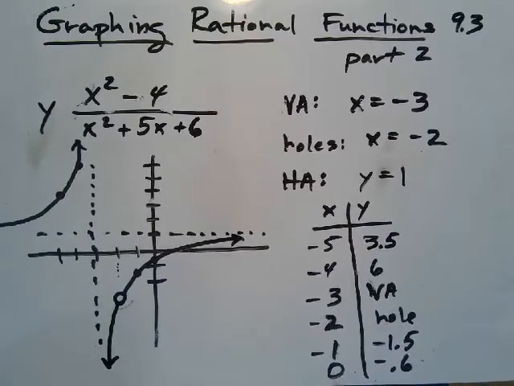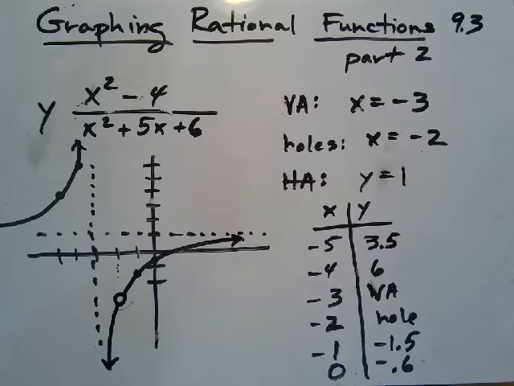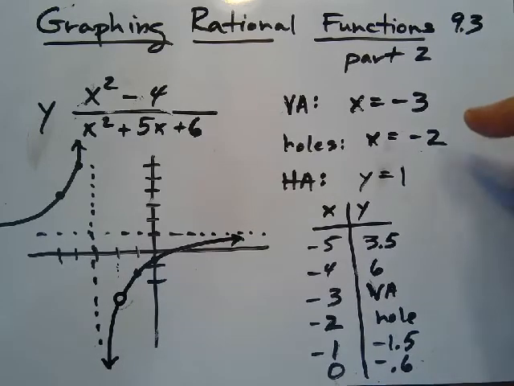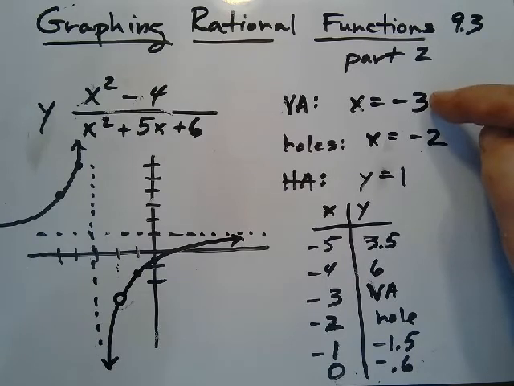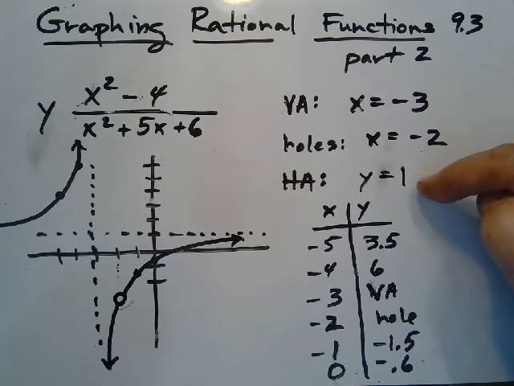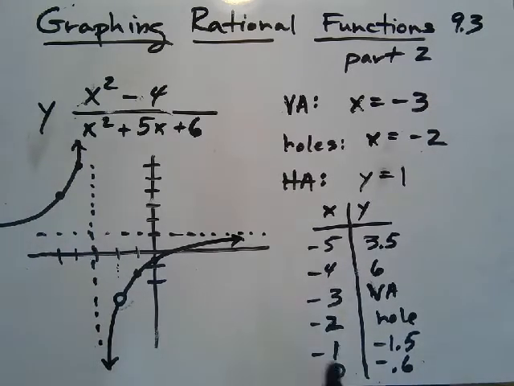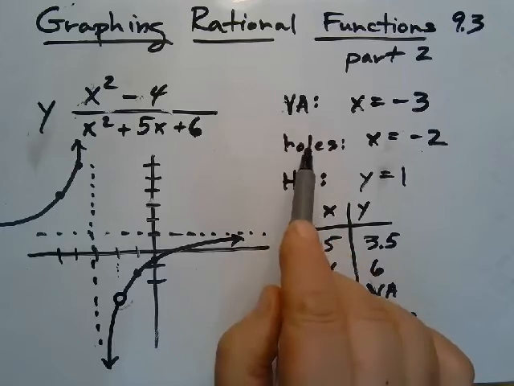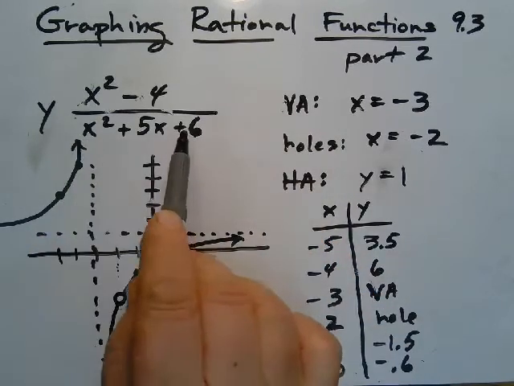What was the beauty of the calculator? Well, it allowed us to verify that our asymptotes were in the right spots. And also it allowed us to make a table that we can use to sketch this manually. But the calculator will not do this vital work for us: finding vertical asymptotes, holes, and horizontal asymptotes. Let's review again. Vertical asymptotes and holes are where the denominator is not defined.